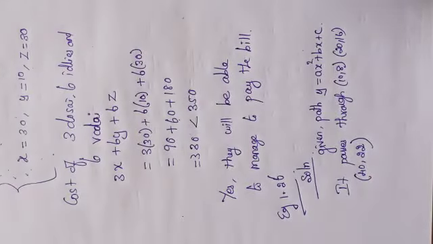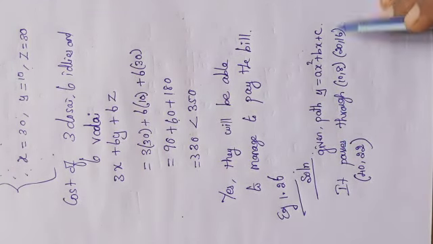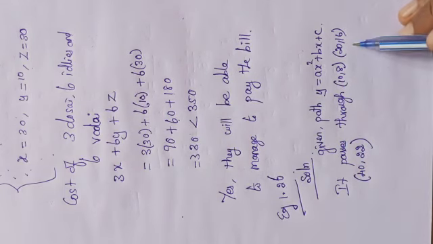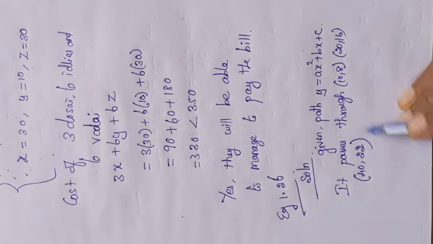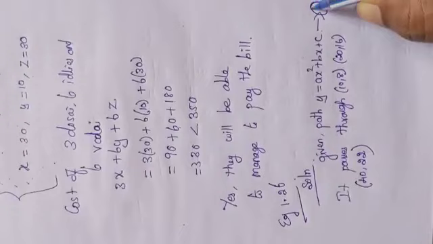Example 1.26 solution. The given path is y = ax² + bx + c. It passes through the points 10, 8; 20, 16 and 40, 22. So we have to substitute all in equation 1.